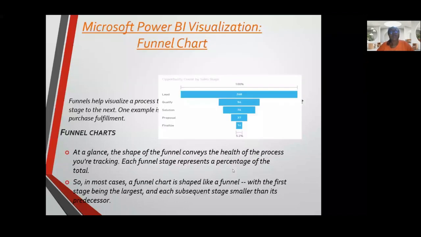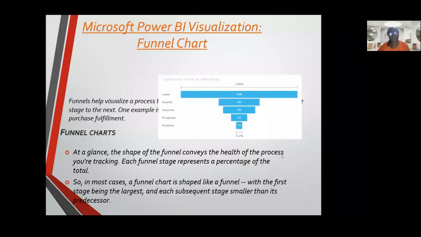And you have the funnel. As the name implies, it's just like a funnel. Funnels help visualize your data at a glance. The shape of the funnel conveys the health of the process you're tracking.